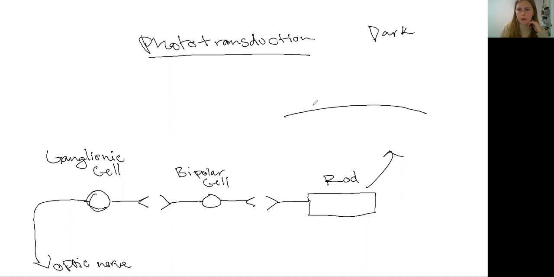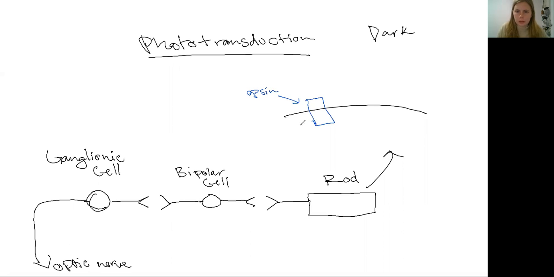So on your rod, you have a few different things. First of all, you have something called opsin. This blue thing is opsin.